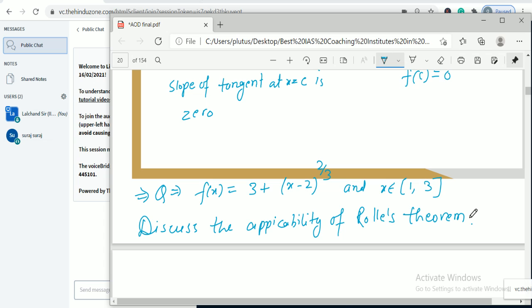Can you tell me whether Rolle's theorem is satisfied or not?